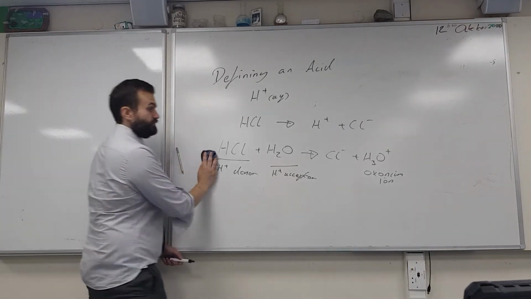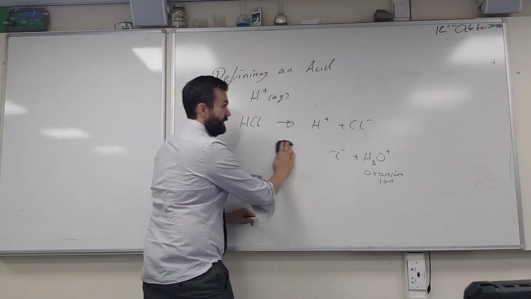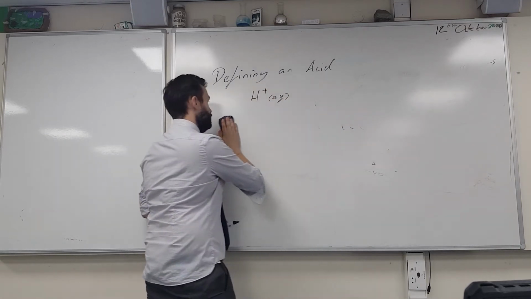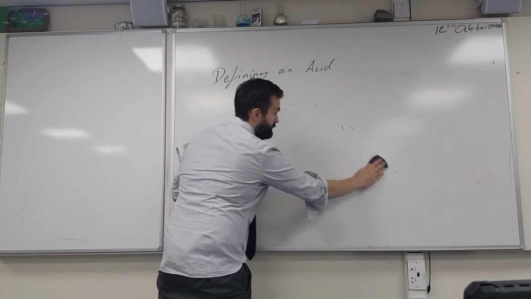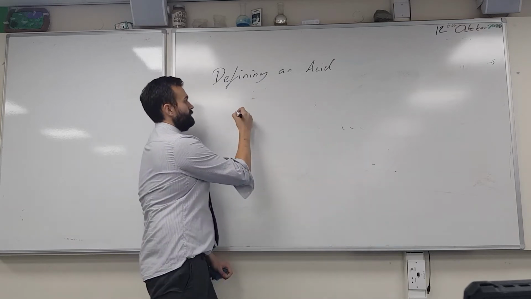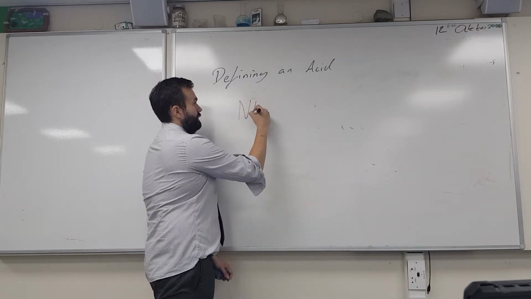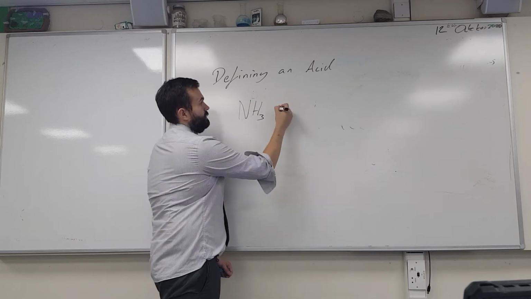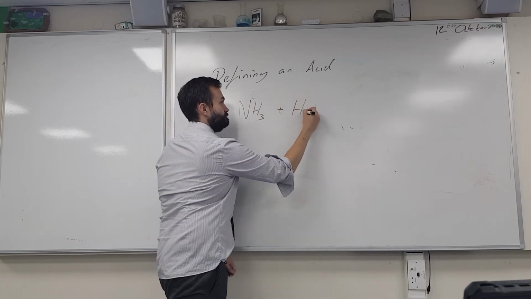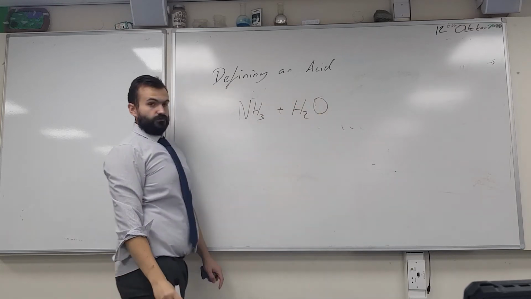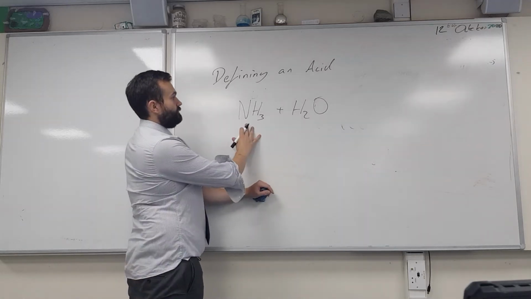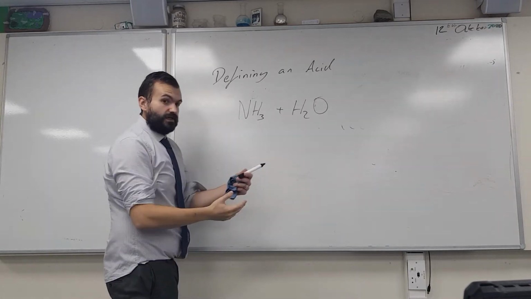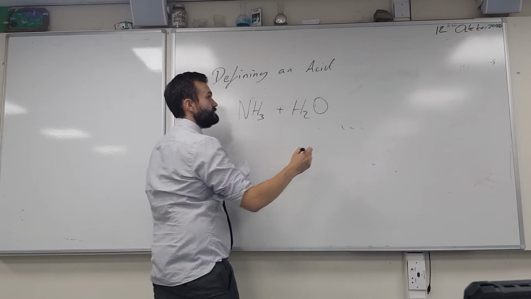We can do that for pretty much any acid, but we can also do it for bases. So if we have NH3 and we have water, you've probably hopefully seen this before. We've got the ammonia, which we know is a base.